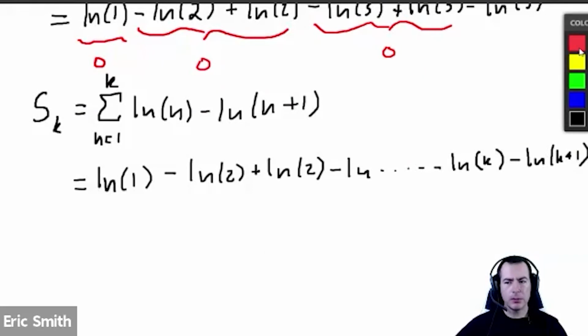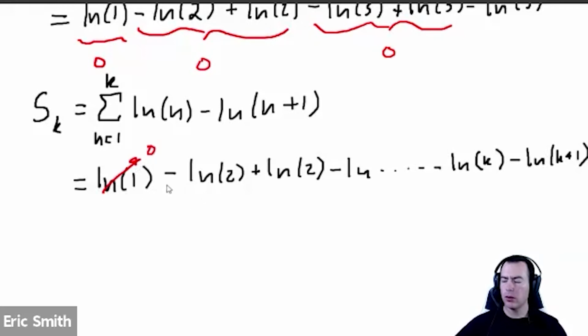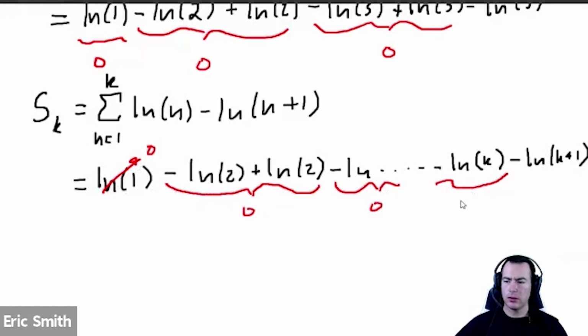And then I can be a little bit more confident on canceling some stuff out. So the natural log of 1, yep, sure enough, that is 0. The tail end of this one is going to cancel with the first part of this one, tail and first part of that one. So all of these really do end up canceling, except for that very last logarithm at the very end, that negative natural log of k plus 1.